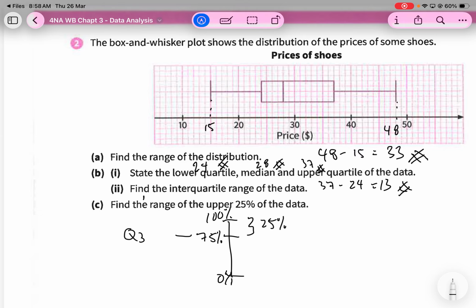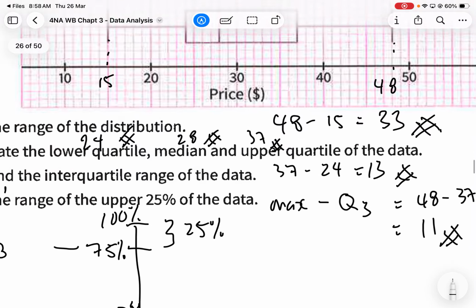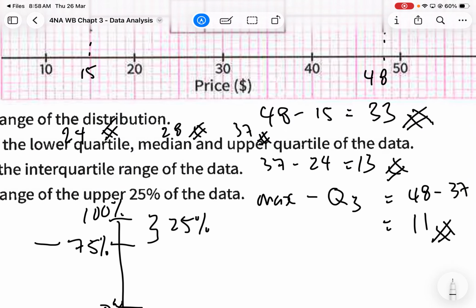So they want you to take maximum minus Q3, but they purposely don't tell you to find this. They want you to understand that when you talk about range, it means upper minus lower.